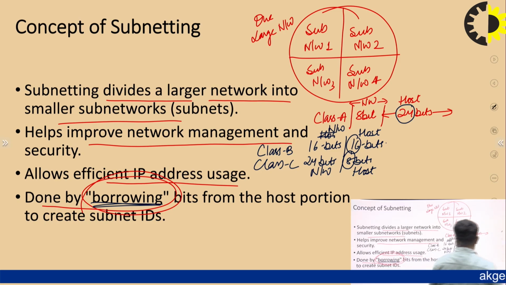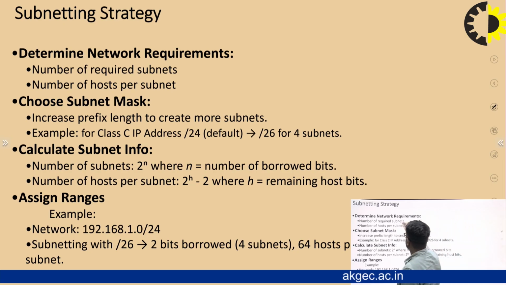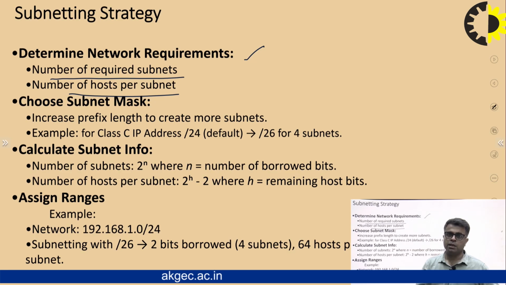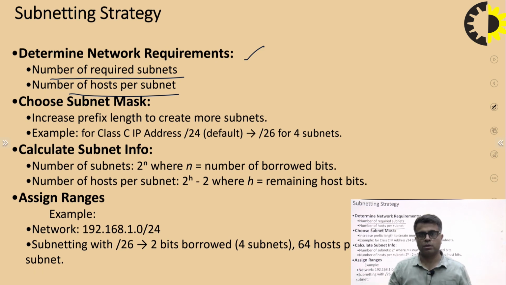So this is the strategy. First, determine the network requirements: the number of required subnets and the number of hosts per subnet. That means having the complete specification: we are going to break this large network into, let's say, 4 subnetworks, and each subnetwork will have that many hosts.